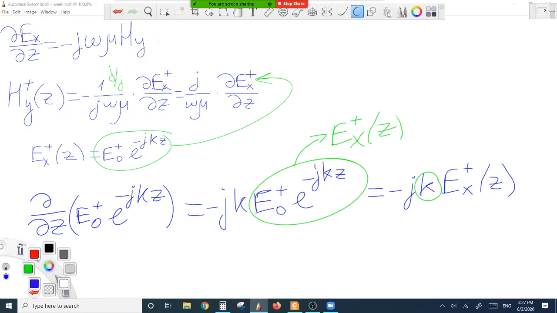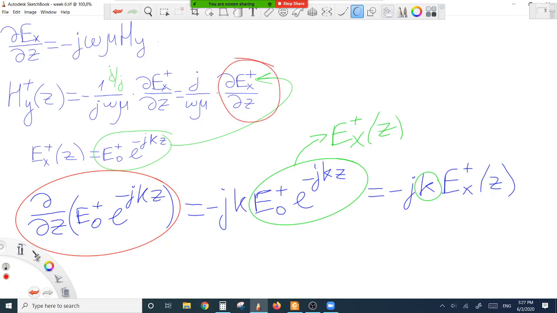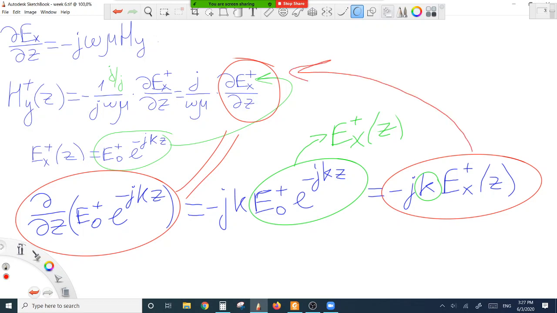So we compute the derivative of Ex with respect to z, and it is equal to minus jk Ex plus. And we replace the derivative here.